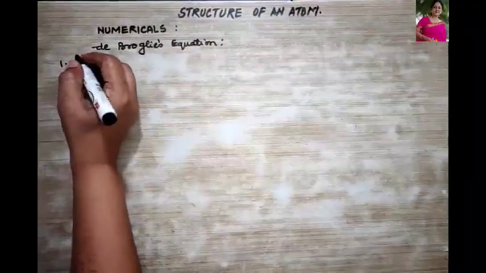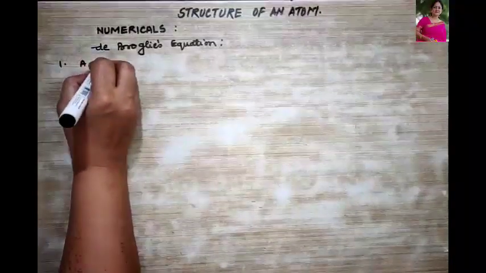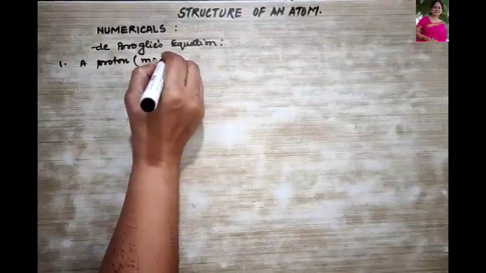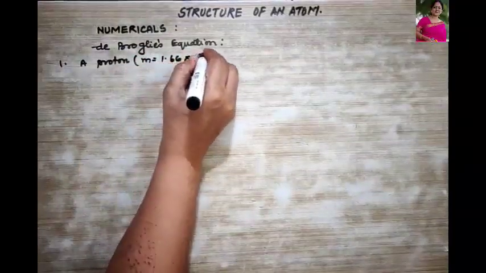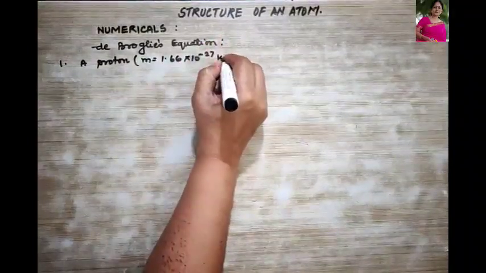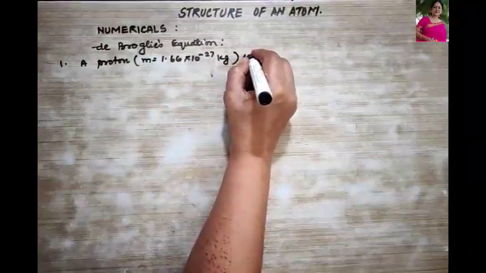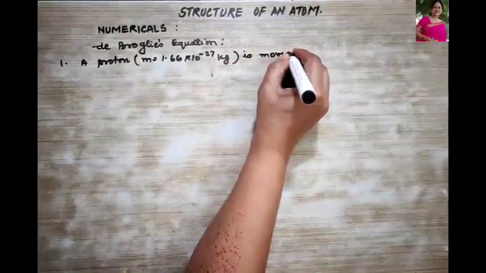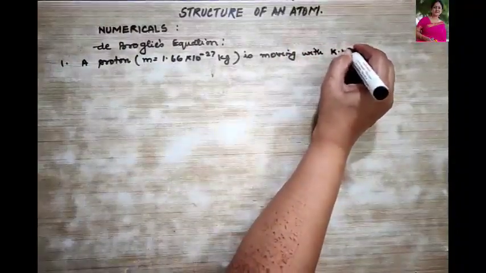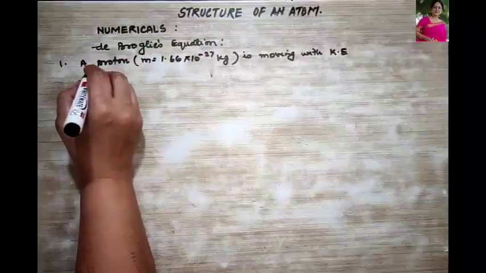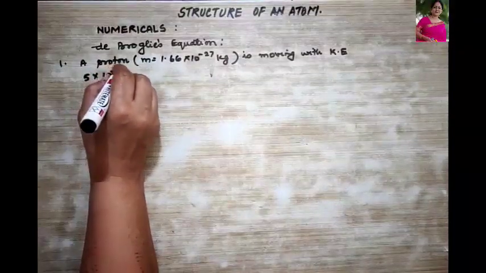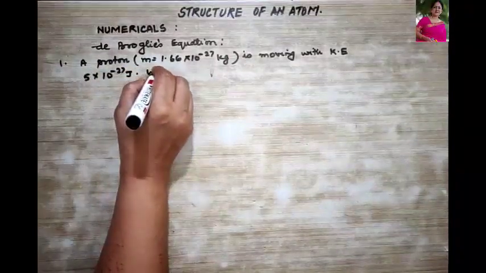So the first numerical says that a proton whose mass is equal to 1.66 into 10 to the power minus 27 kg is moving with kinetic energy 5 into 10 to the power minus 27 joules.